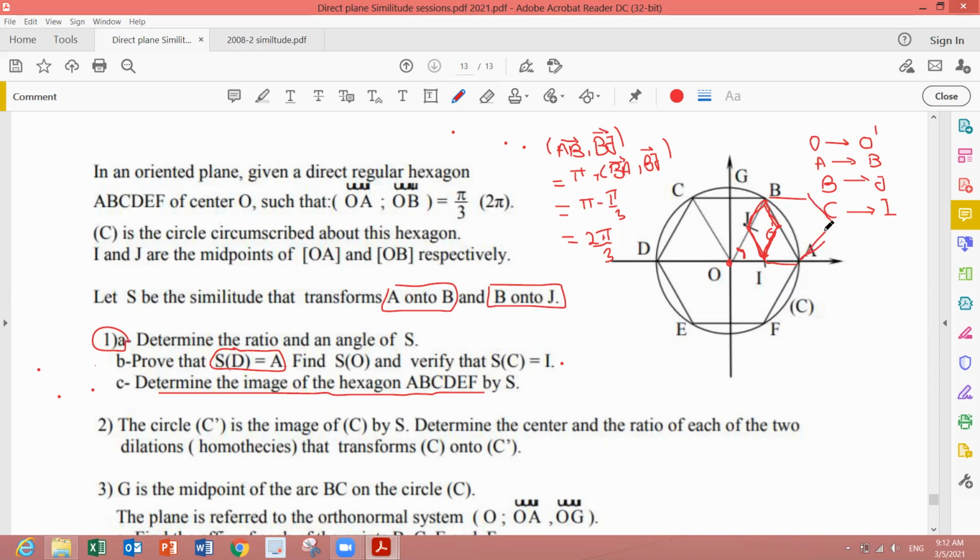We get the hexagon BJIAE prime F prime. This is E prime and this is F prime.